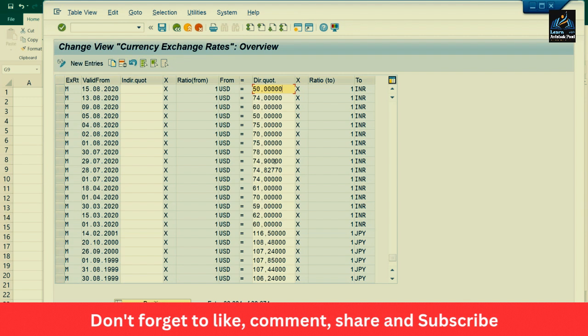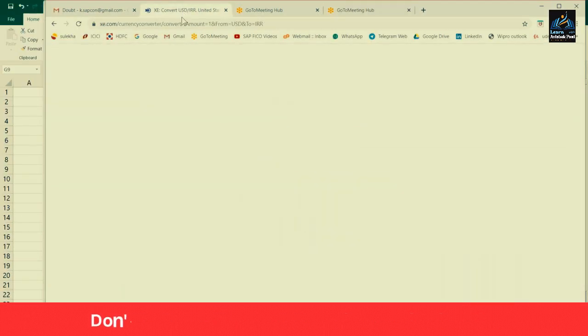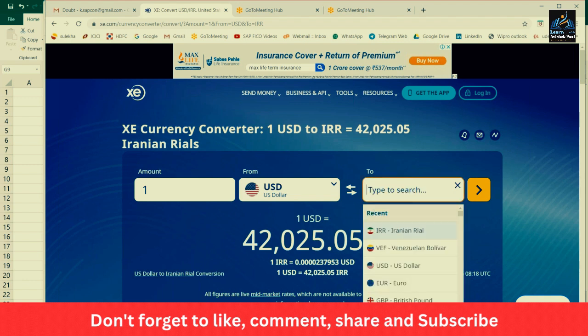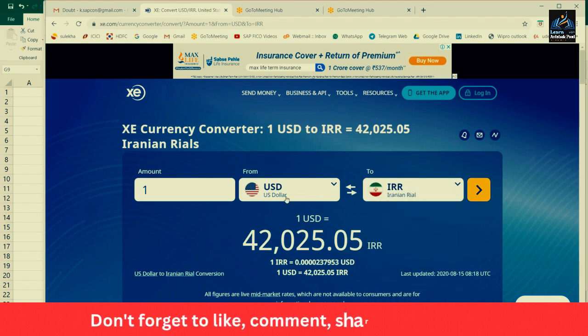I told you about Iranian currency. So now here, USD versus Indian currency. We know the USD value is higher than the Indian currency.